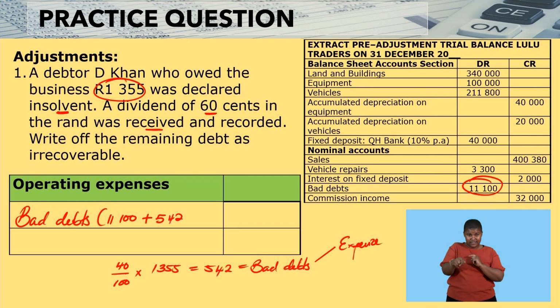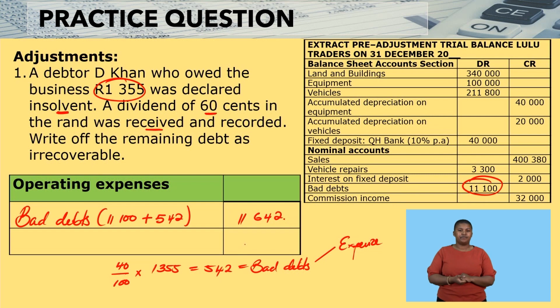That is what I've just calculated. If I close that bracket, then I'm going to have 11,642. That becomes then my bad debts amount in the statement of comprehensive income under my operating expenses.